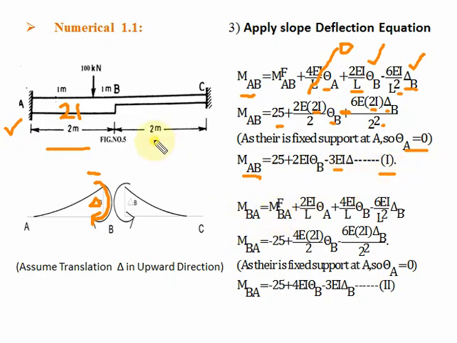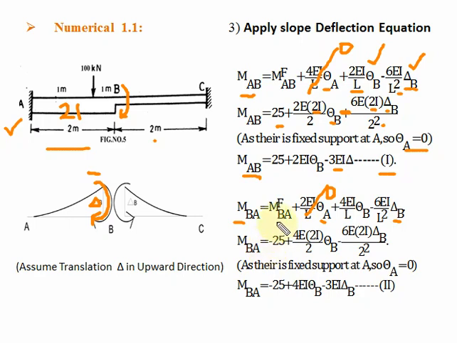Now consider span AB, but for end moment B, MBA. So MBA is equal to MFBA plus 2 EI by L into theta A plus 4 EI by L into theta B minus 6 EI by L square into delta B. Again here theta A will be 0.